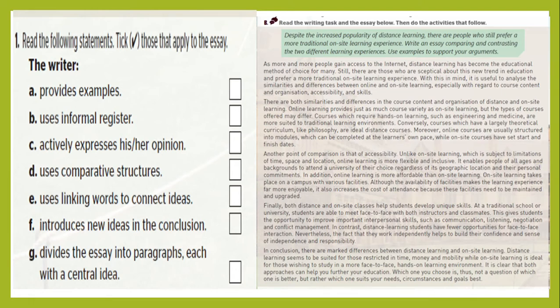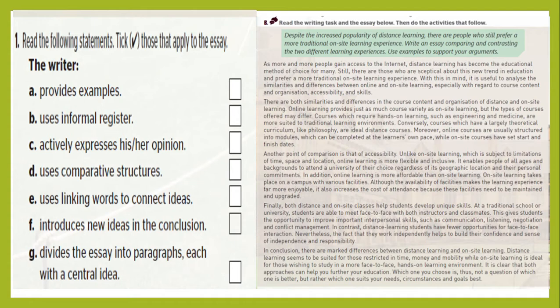Read the following statements after reading the essay carefully. Read the writing task and the essay below. Then do the activities that follow. You will take your time for 5 minutes. You can pause your video, open your book and read the essay.